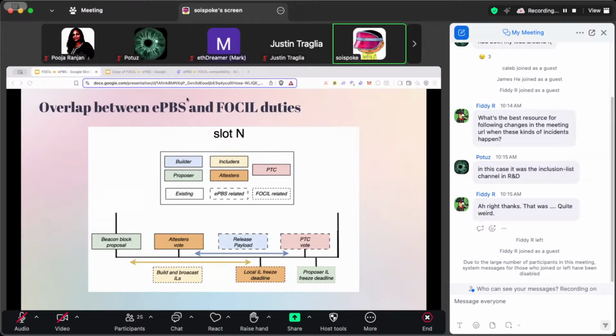And so you can see that there is overlap between duties. But what's nice, and we'll get into this later, is that the order in which these duties happen doesn't really matter as long as you don't require ILs to be built on the latest head for them to be considered enforceable. So that's one thing to remember because it's important, and I will come back to it later anyway.